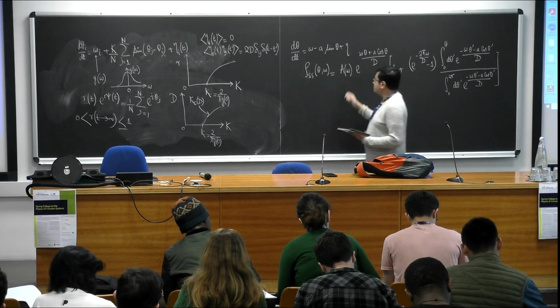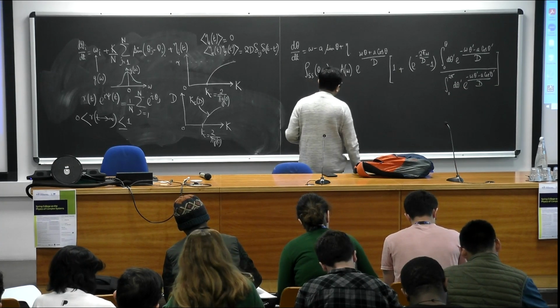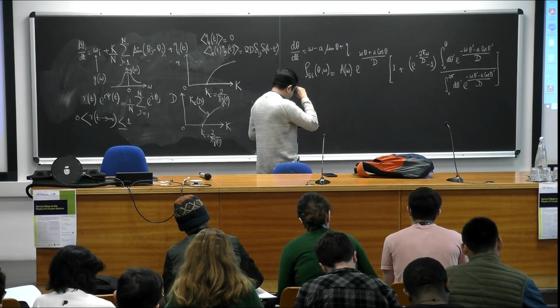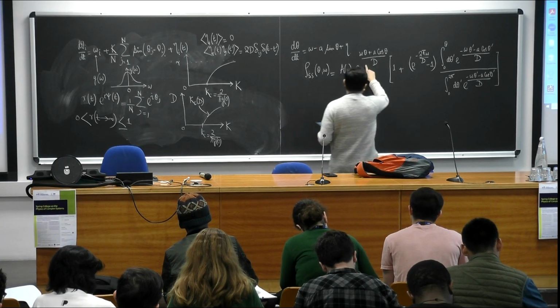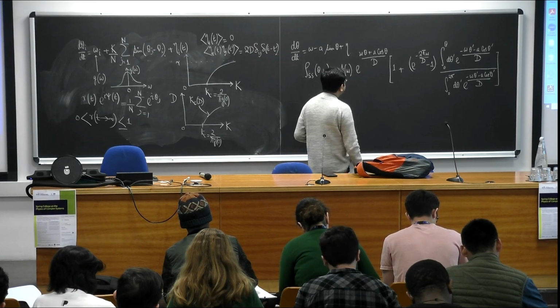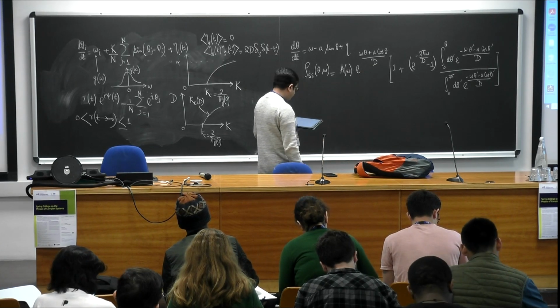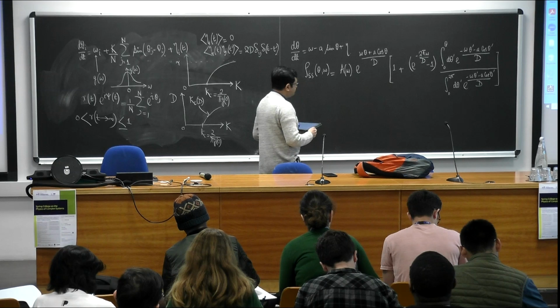This is a constant to be fixed by invoking the normalization condition. And we see that when the frequency is equal to 0, then you have the equilibrium stationary state e to the power a cos theta by T, which is Gibbs-Boltzmann. So I think we stopped at that.